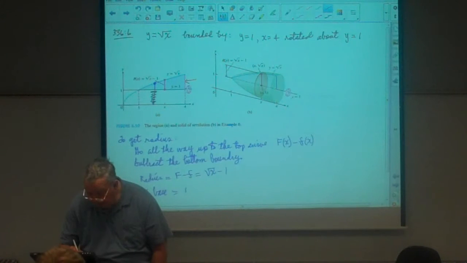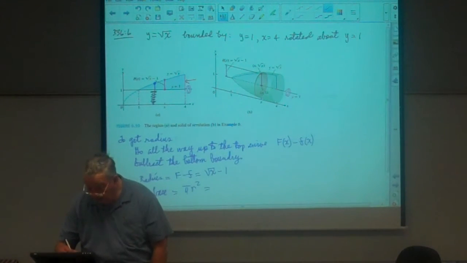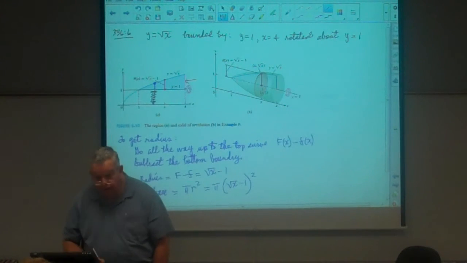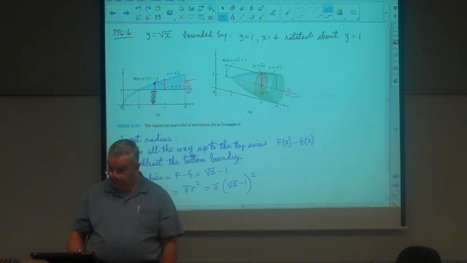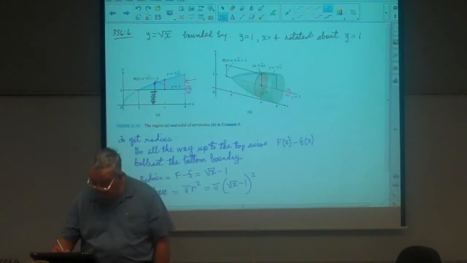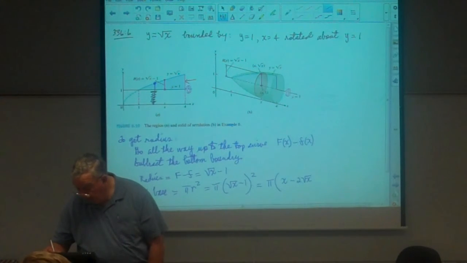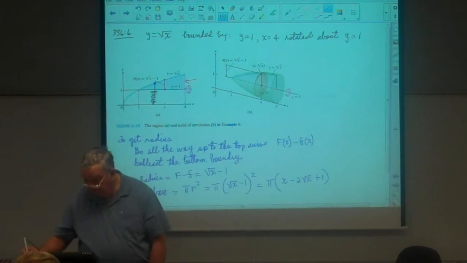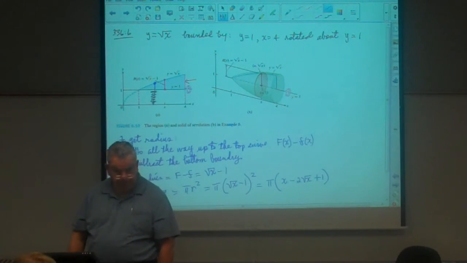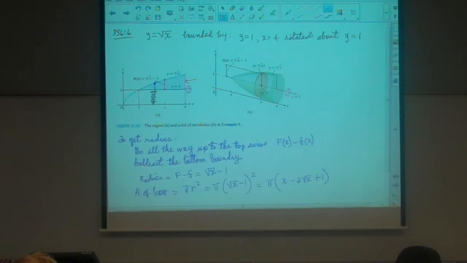Isn't that pi r squared? Is that right? Which is pi times the square root of x minus 1, squared. But isn't that pi times x minus 2 square root of x plus 1? I just squared that.